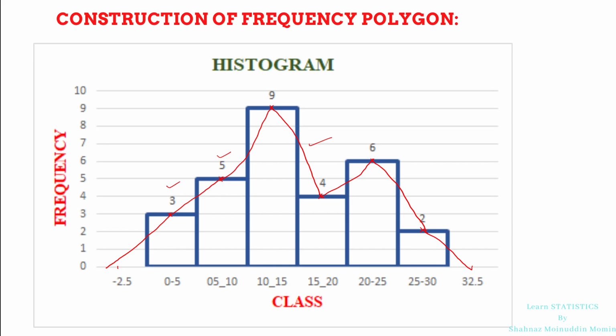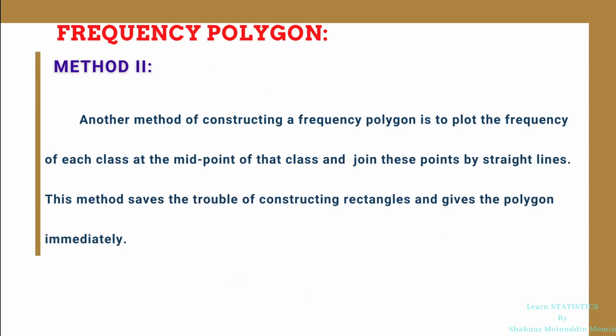I hope students understand the first method of construction of a frequency polygon. Now we will discuss the second method of constructing a frequency polygon. In the second method, we plot the frequency of each class at the midpoint of that class, which means in this method we are not going to draw the histogram first.